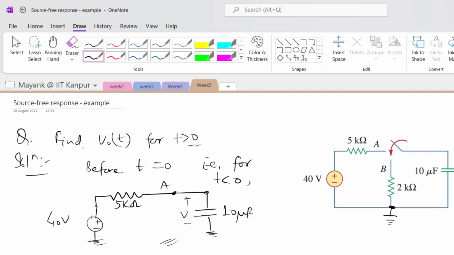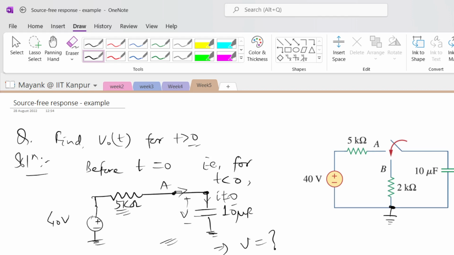So what is the voltage in that case at this point? Basically I am trying to ask, V is equal to what? You remember that in DC steady state, no current can flow across the capacitor; the current flowing through the capacitor is 0. Since in this branch the current is 0, there can be no voltage drop across this 5 kilo ohm resistance.